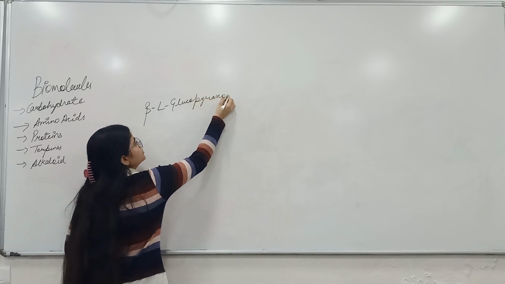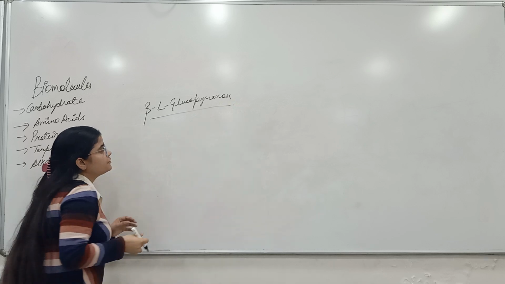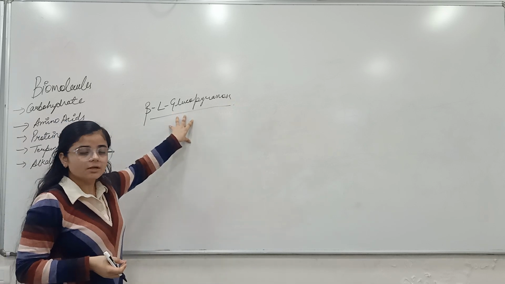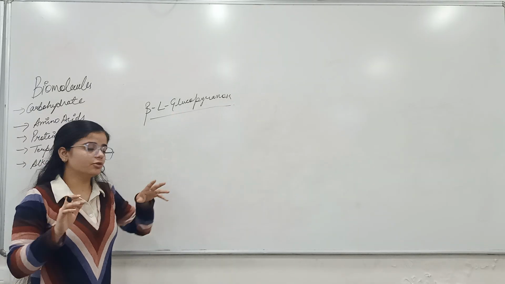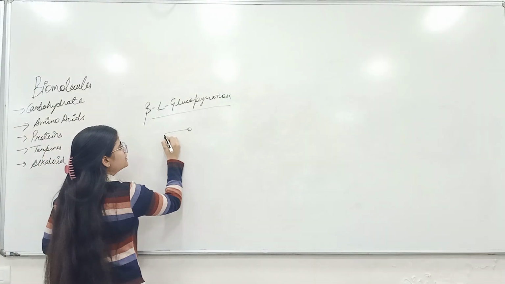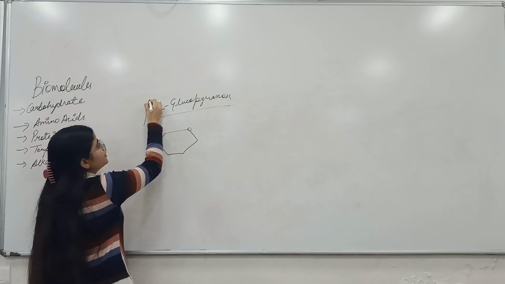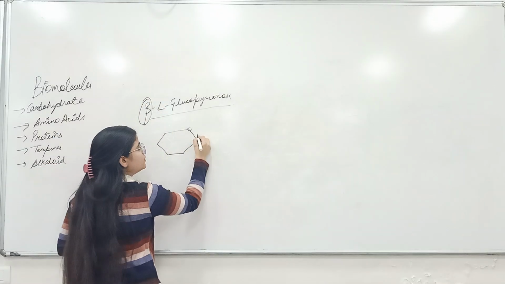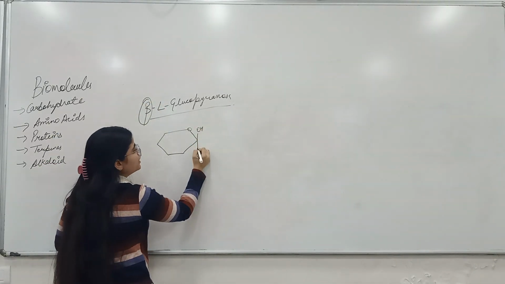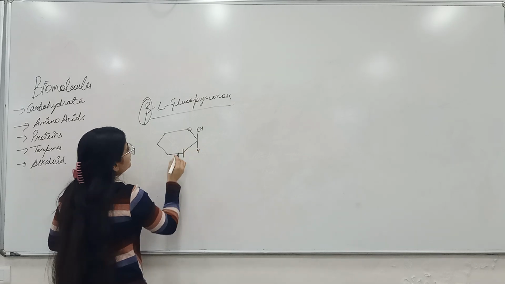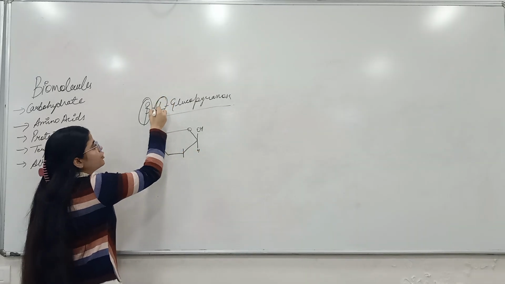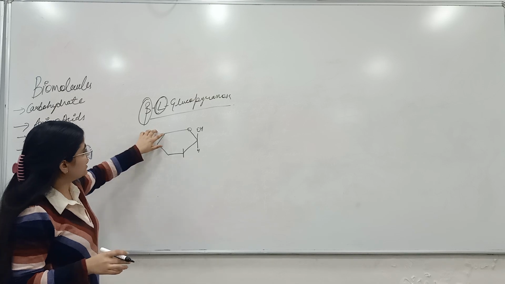So how will we draw it? First we will draw a glucose ring, that is the glucopyranose ring, like this, and it is beta, so it will be OH on the upside.